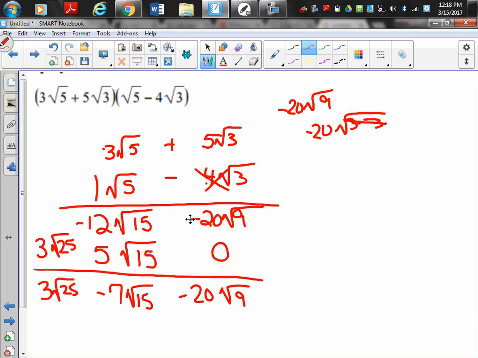So times 3. 3 times -20 is -60. So -7 square root of 15. 15 is what? 5 and 3. Any pairs? No, so this one's done.